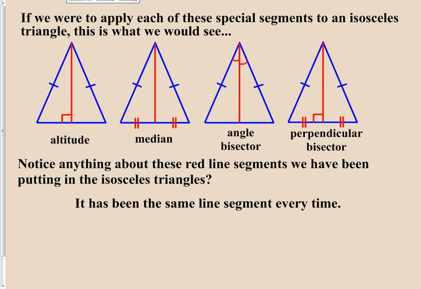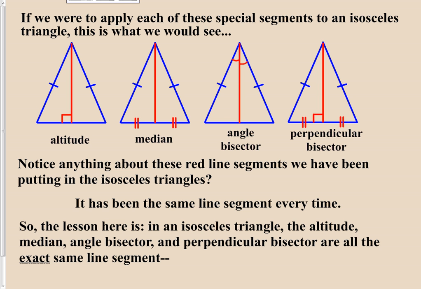Altitude, median, angle bisector, perpendicular bisector, they all do their own thing, but the red line segment gets positioned exactly the same each and every time if the triangle is an isosceles triangle. So we have basically a property or a rule that's going to exist here.